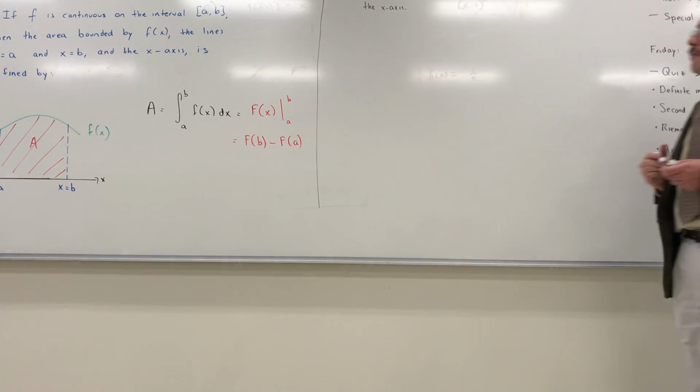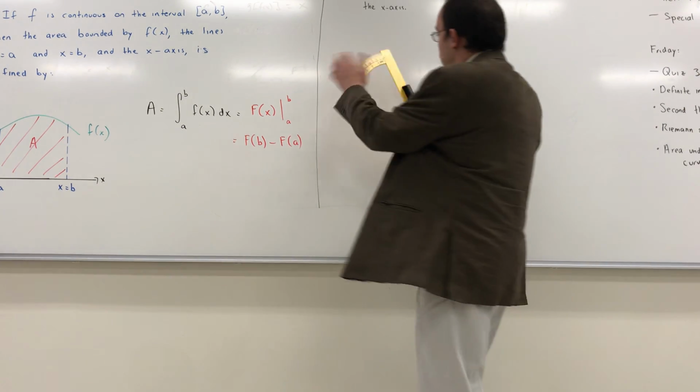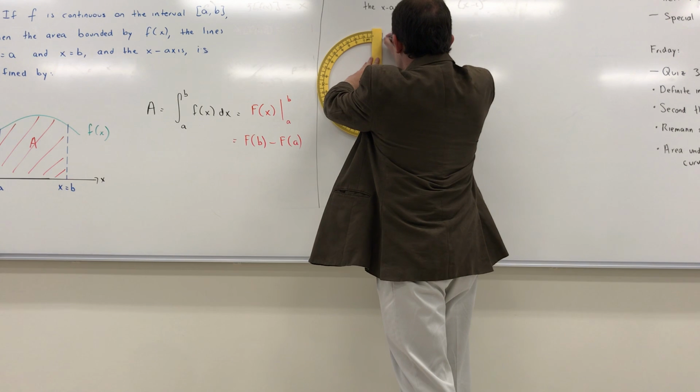So that would be the structure. I want to find the area below the curve square root of x between 0 and 4 and the x-axis. The first step is to graph the function. Do you remember what kind of graph square root of x is? Half a parabola. Yeah. Half a horizontal parabola.